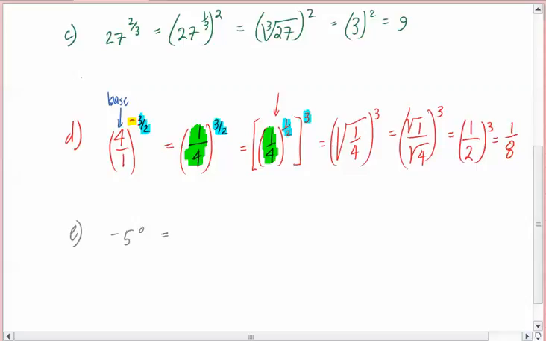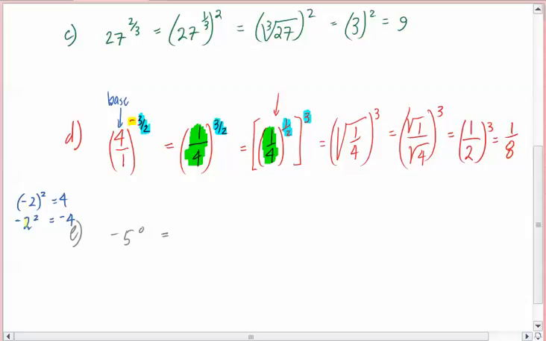Anything raised to the 0 power is 1. Now, let me show you this little reminder from Algebra 2. Come over here to the left side. We all know that negative 2 squared is positive 4, and that's because the negative is with the 2 being squared. If you put in your calculator this right here without parentheses, you're going to be surprised to see that the calculator tells you it's negative 4.